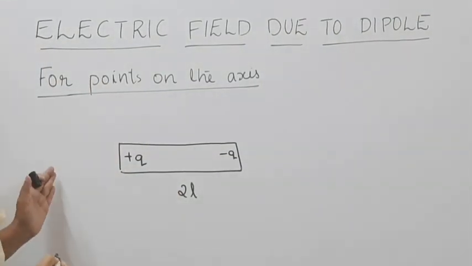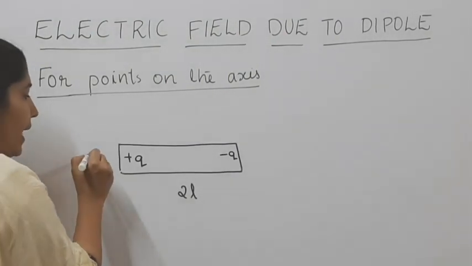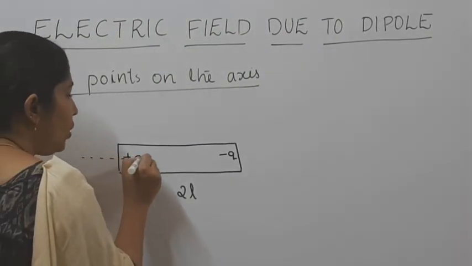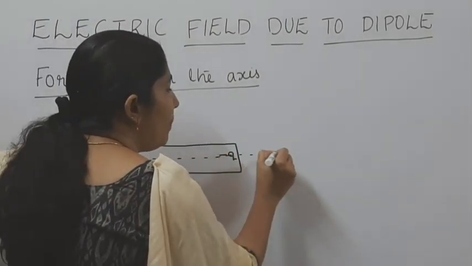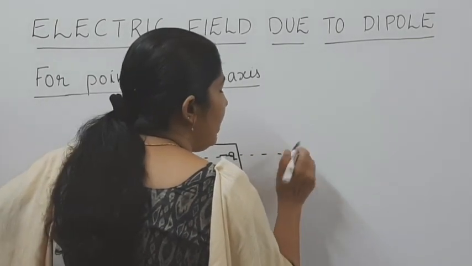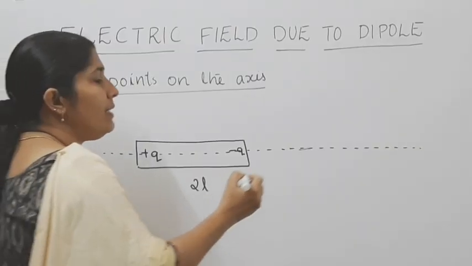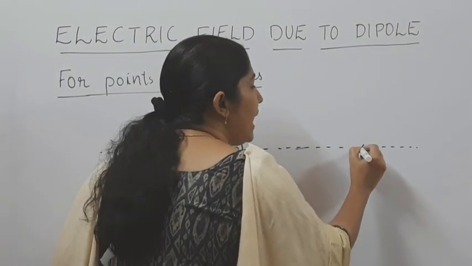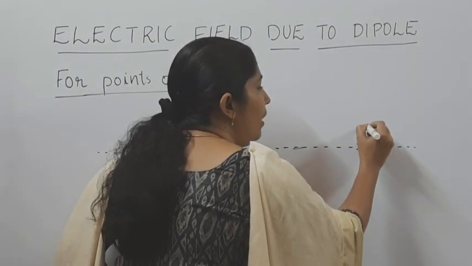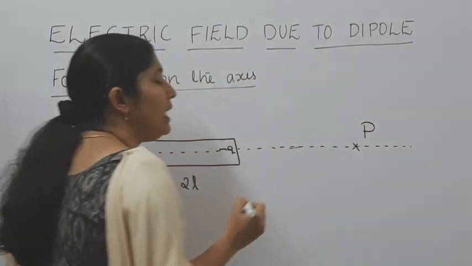Now we draw an axial line along this dipole and extend that axial line.